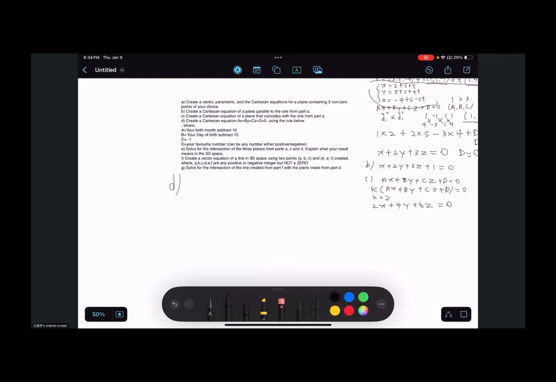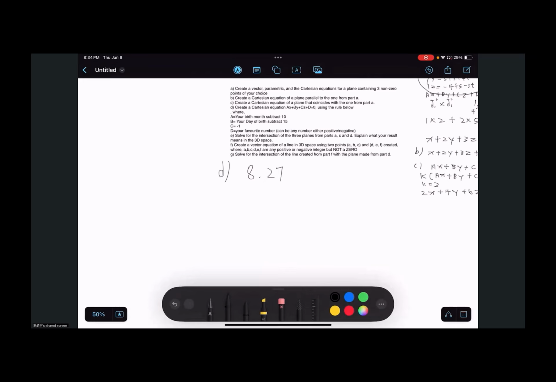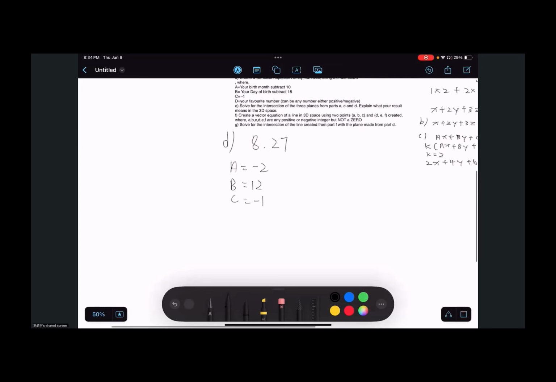My birthday is August 27th. So my birth month subtract 10 is -2, and for B, my day of birth subtract 15 is 12, and C equals -1. For D, let's say D equals 12.